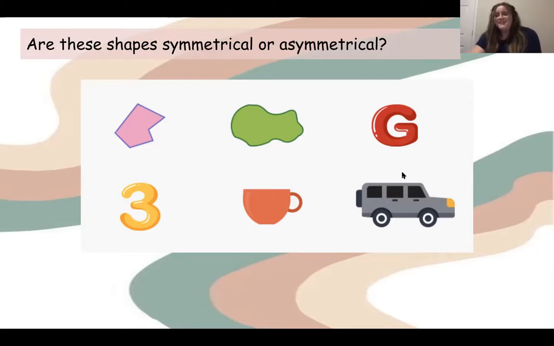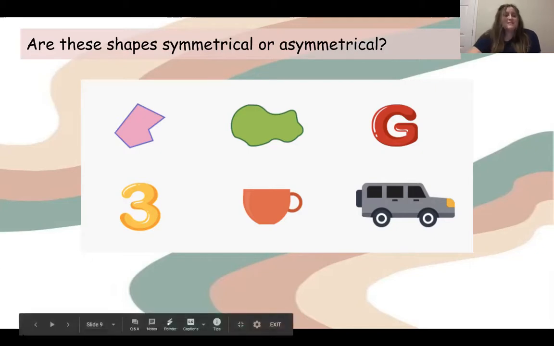It's an SUV. Anyone want to try this one? Callie, you want to try this one? Okay. Do you think it is symmetrical or asymmetrical? You think it's asymmetrical? Why do you think it's asymmetrical? Yeah, because when you split it in half, it doesn't create two sides that are congruent or similar. You are correct. You guys are so awesome at this.